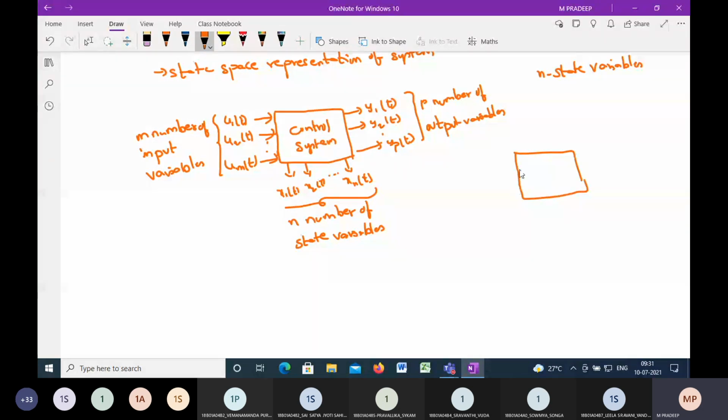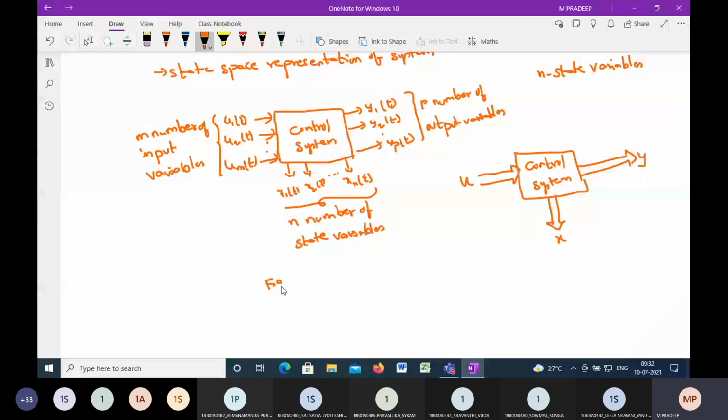Simple representation: for my control system, the input is represented as u, the output is represented as y, and the state variables are represented as x.